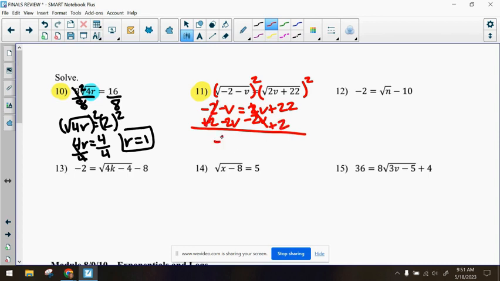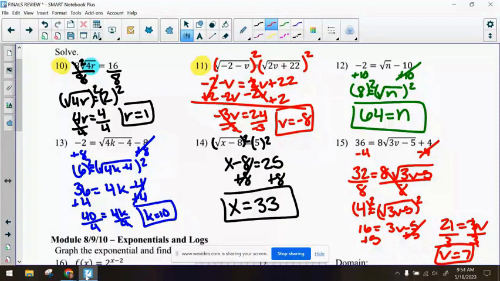So I'm going to be left with -3v equals 24. I then divide both sides by -3 so that I get v is equal to -8. At this point, go ahead and pause the video. Try problems 12 through 15, which are very similar to number 10, and then resume to check your work.